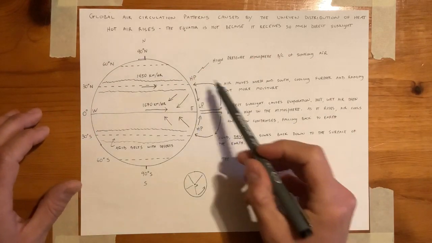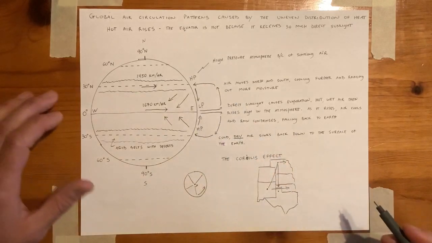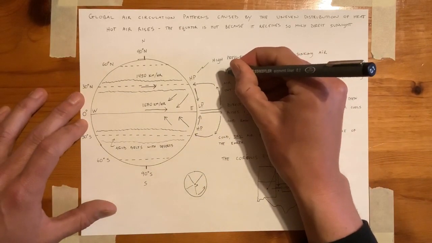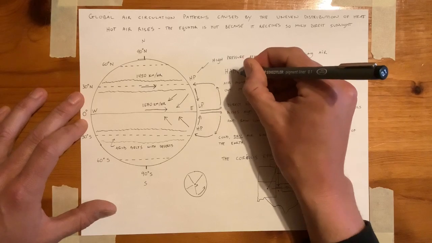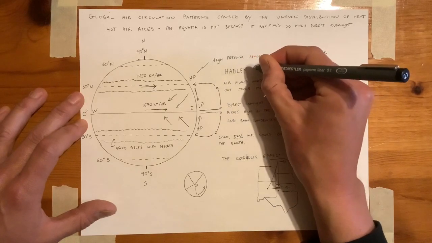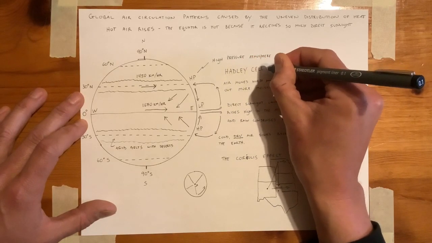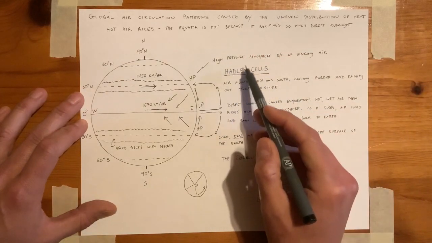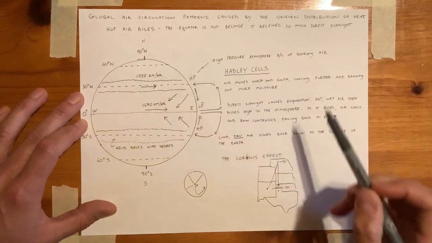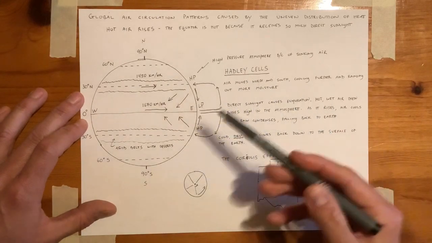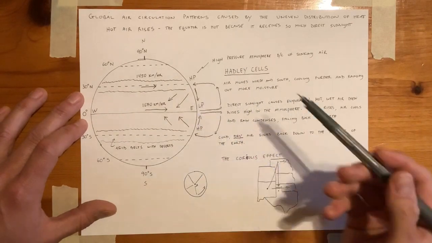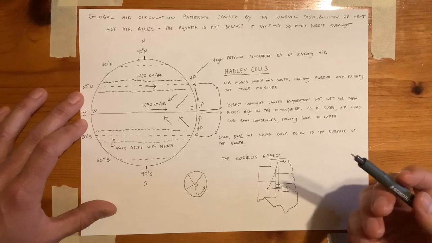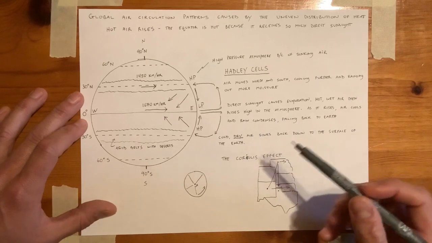And now this pattern of air circulation, these are called Hadley cells, named after the person Hadley, who first described them. And they're only one of two other major circulation systems in the global atmosphere.